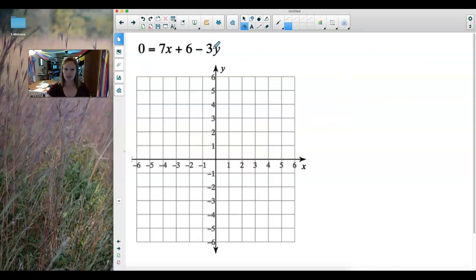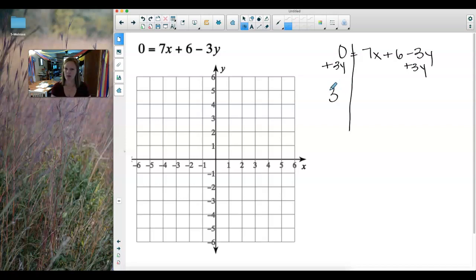So on this particular equation, we have 0 equals 7x plus 6 minus 3y. We need to solve that for y first. You have to get y by itself. I'm just going to move the 3y to the other side and put plus 3y.